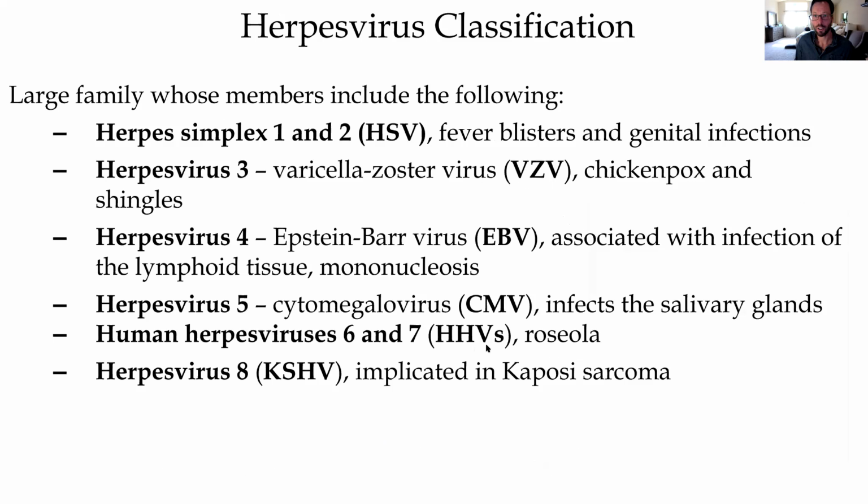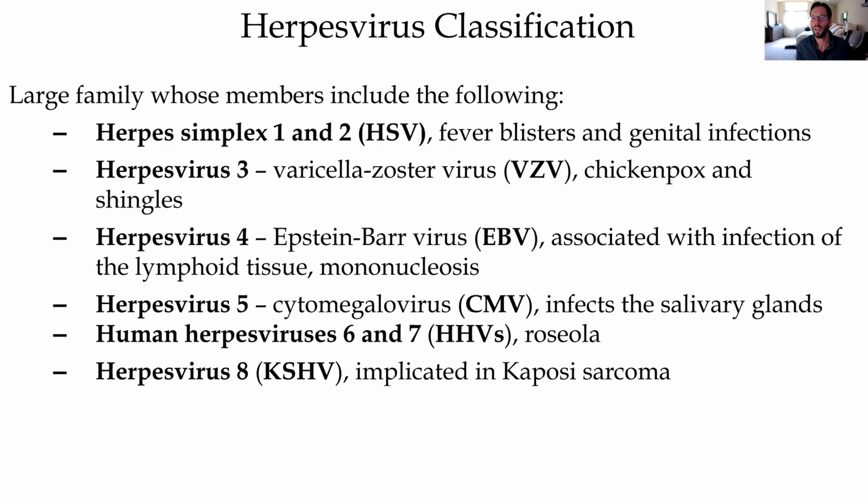Good clarification. So HSV1 and 2, those are the type of herpes viruses that cause things like cold sores and genital lesions, respectively. HSV3 is going to be varicella, also known as chickenpox and shingles later on.